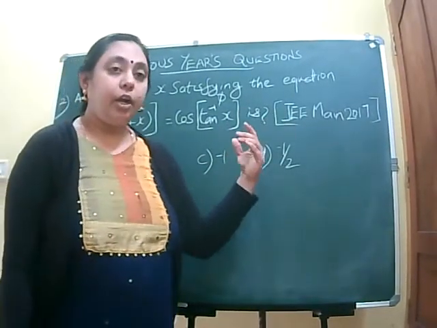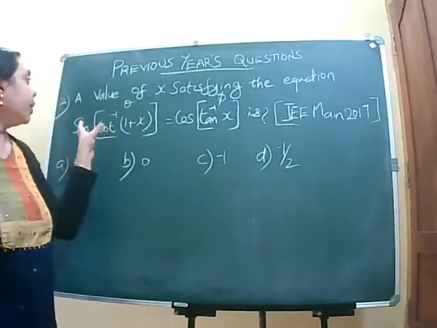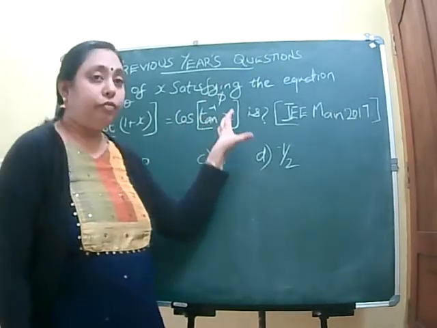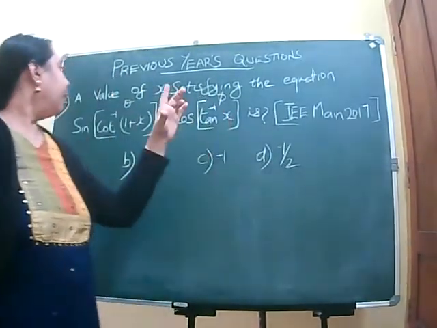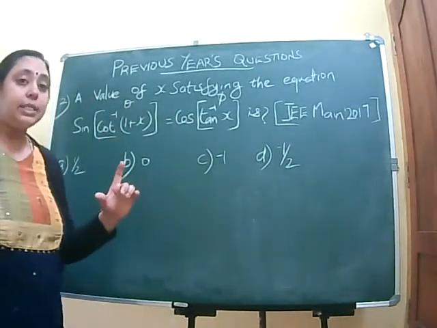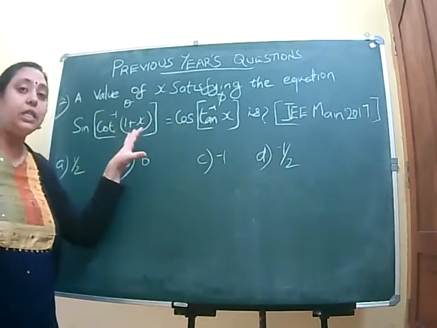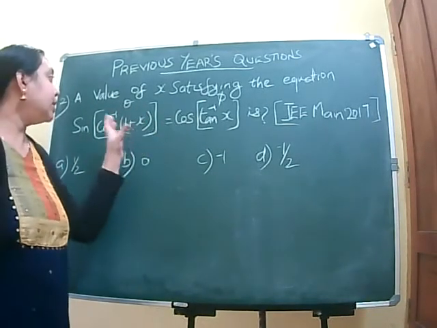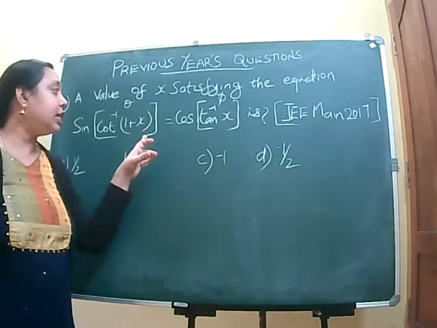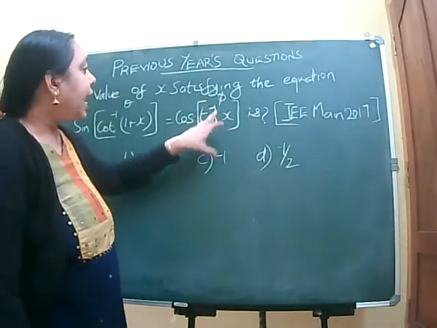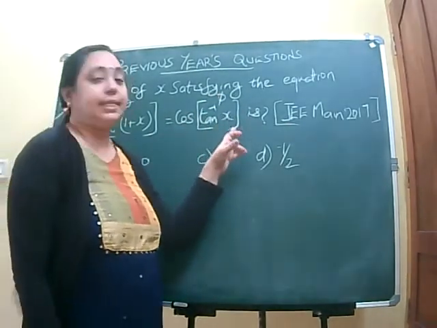Then the question reduces to sin theta is equal to cos phi. Also, since cot inverse 1 plus x is theta, we get cot theta is equal to 1 plus x. Similarly, tan phi is equal to x.